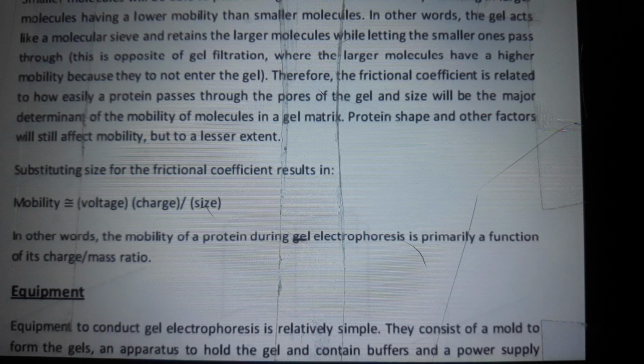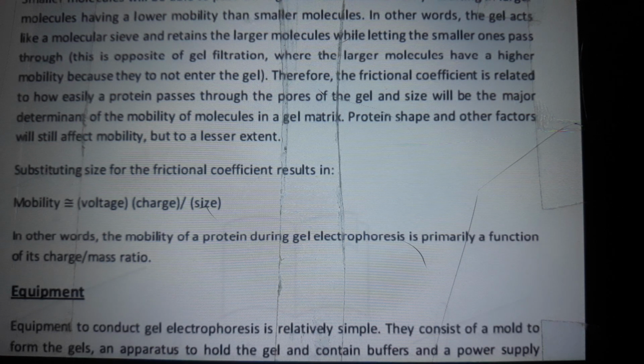In other words, the gel acts like a molecular sieve and retains the larger molecules while letting the smaller ones pass through. This is the opposite of gel filtration, where the larger molecules have a higher mobility because they do not enter the gel.